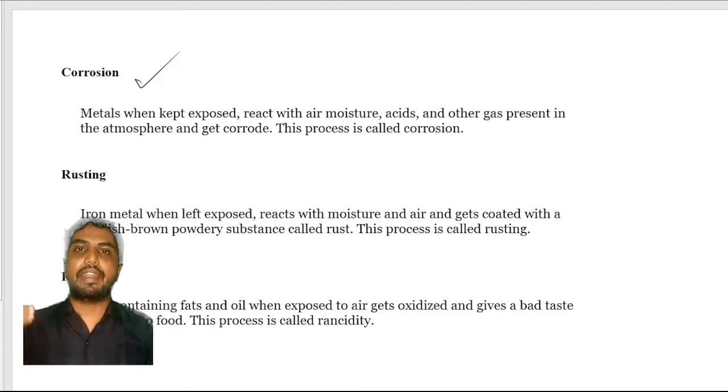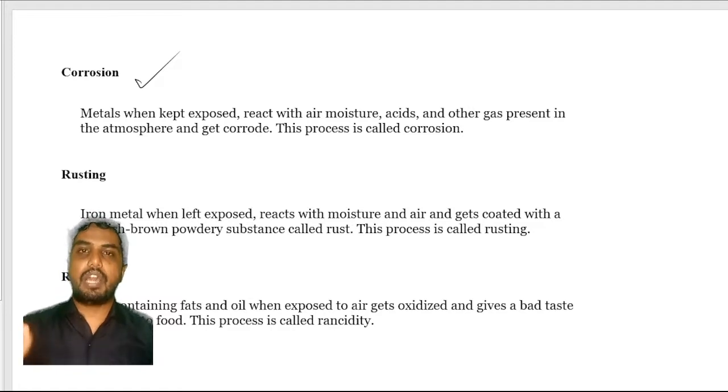It will lose its nature and become very brittle. Metals are very strong in nature, but whenever they get eroded, they lose their capacity because of a change in chemical composition.